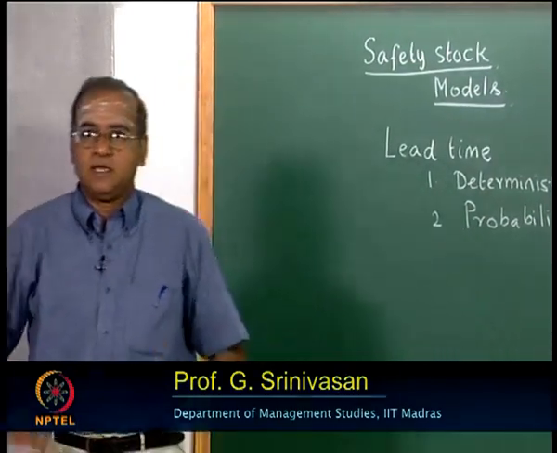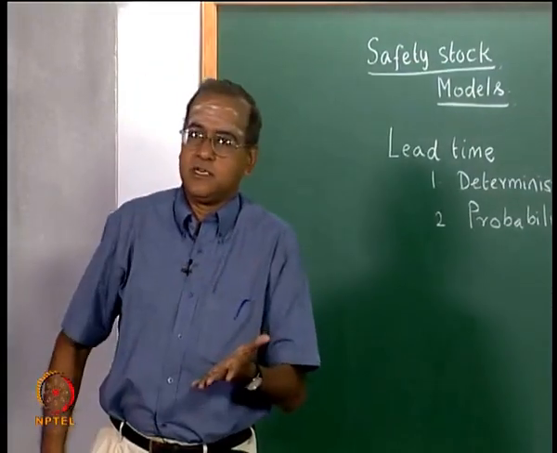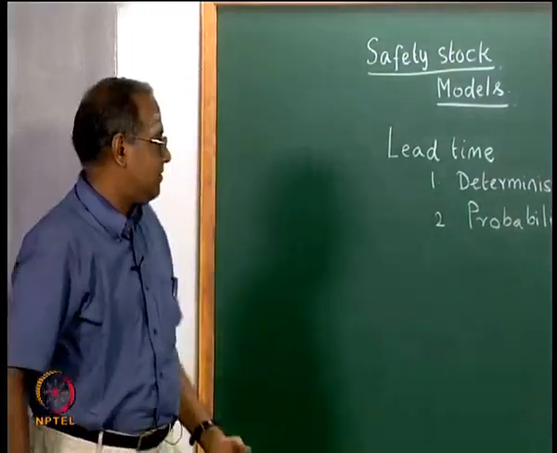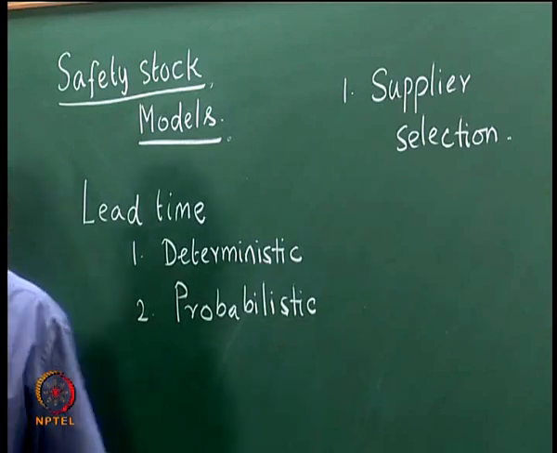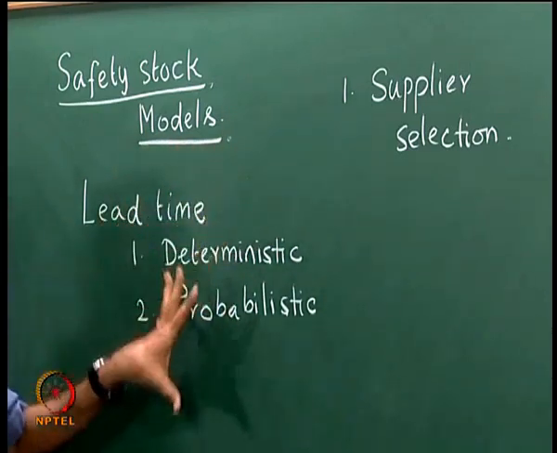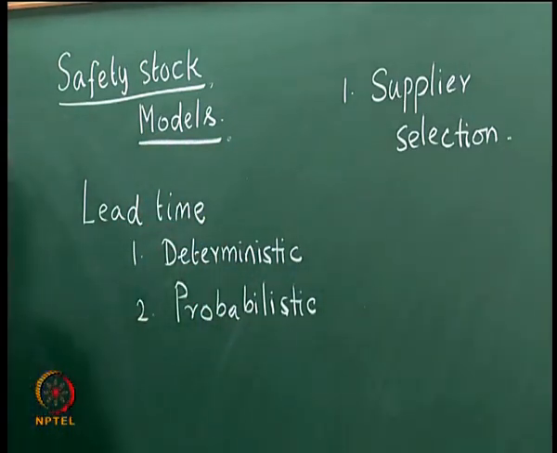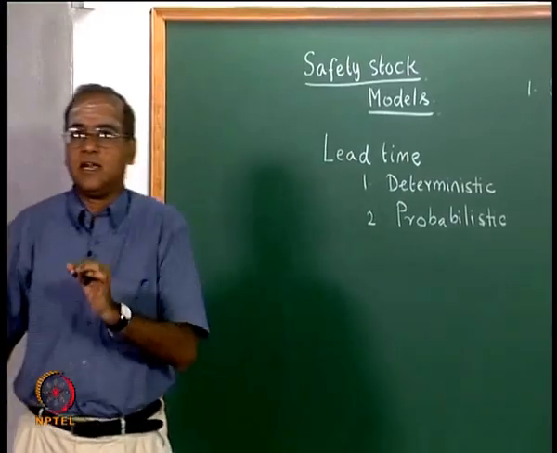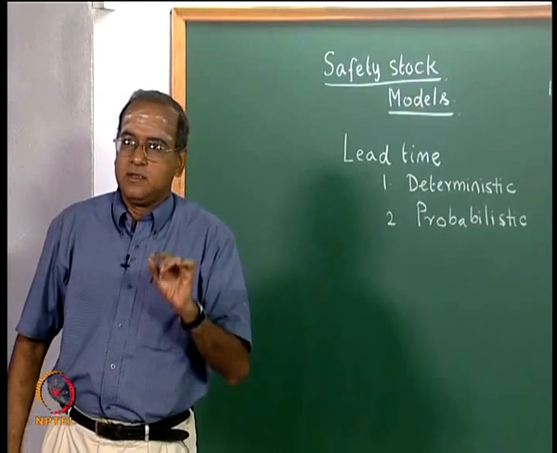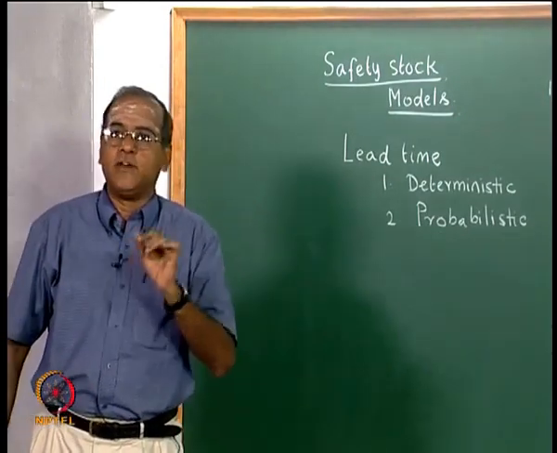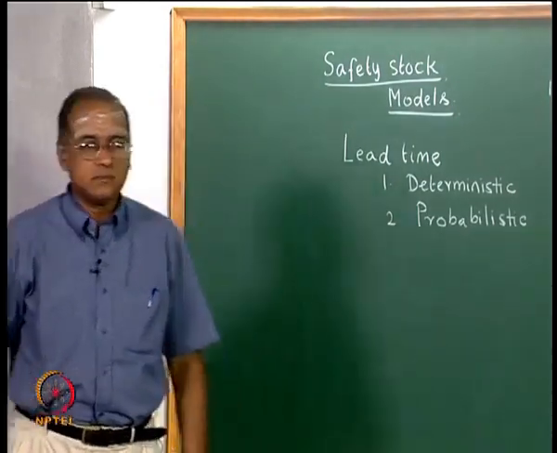The moment the lead time is not deterministic and shows variation, we are fully aware that the safety stock is very high. So, the first application or use of these concepts lies in supplier selection, where we have to be careful in choosing a supplier. The suppliers should not show variation in lead times.